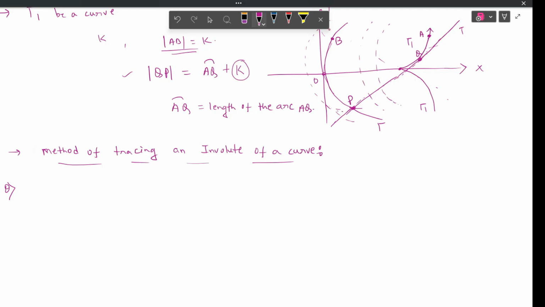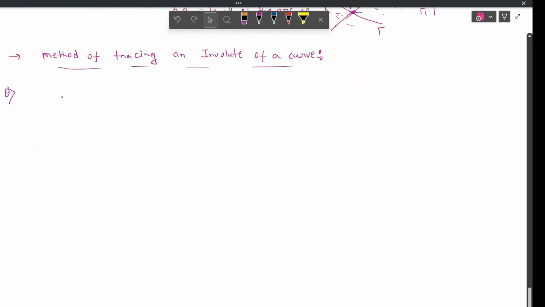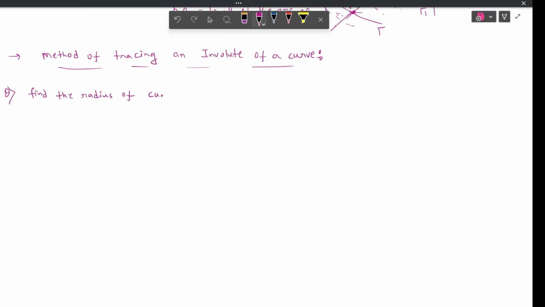Find the radius of curvature of the parabola y square equals 4x at its vertex.